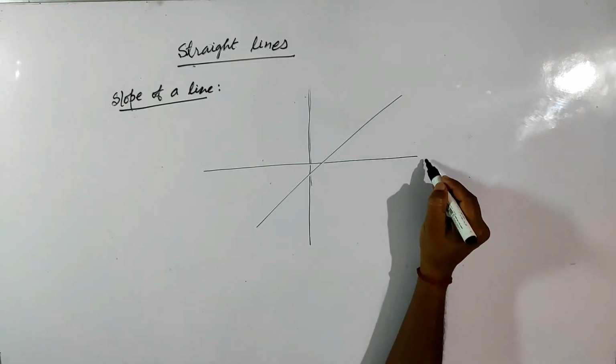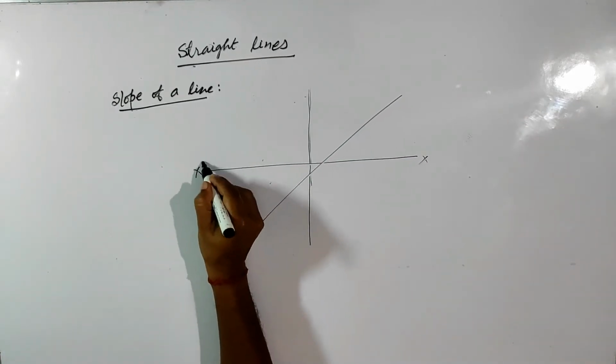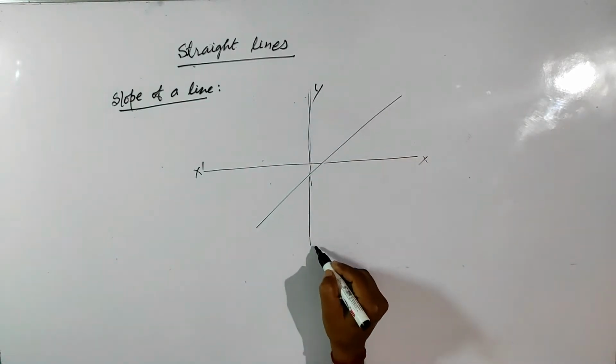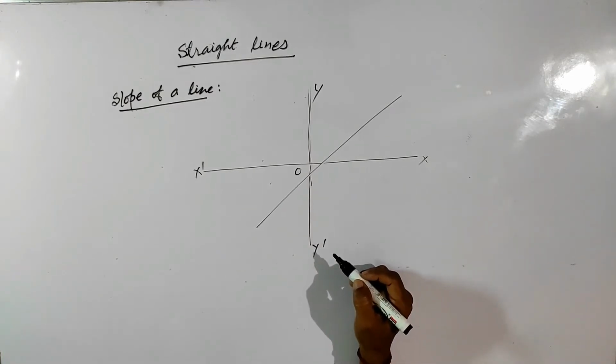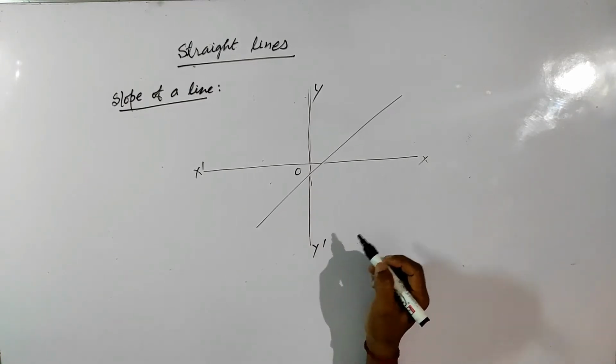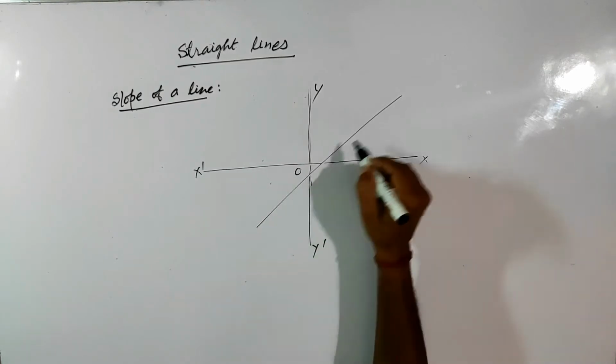A line in a coordinate plane forms two angles with the x-axis. Here is the x-axis and this is the line.